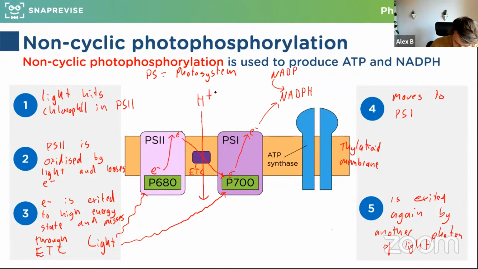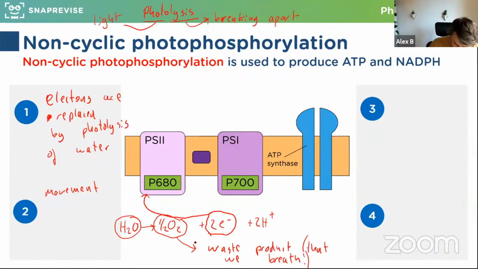So the energy released from the electrons pumps hydrogen into the thylakoid, and we end up with a lot of hydrogen inside the thylakoid.